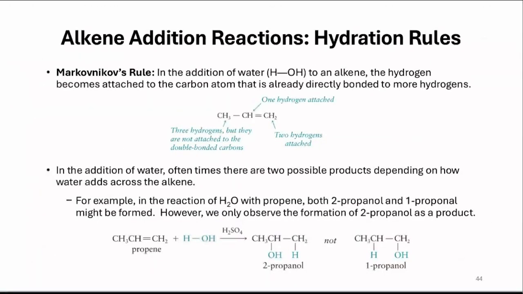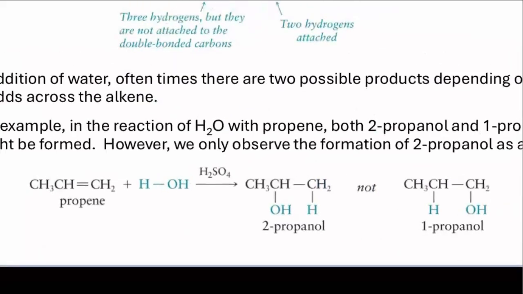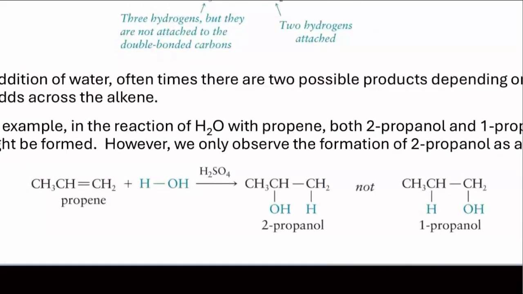So if we look at propene getting hydrated, you may suspect, oh, one receives the H and one receives the OH. But when you look at the product of the reaction, the only product that we observe is this.